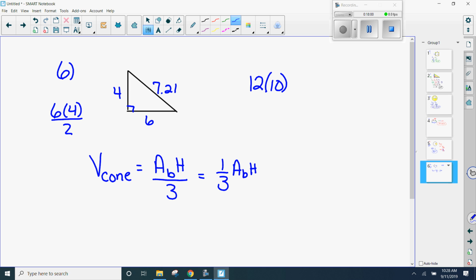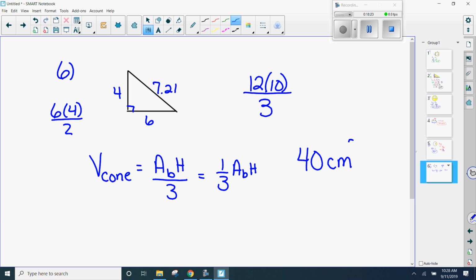You found this. But it comes to a point, which means if it comes to a point, what do you know? What do you have to do to it? Divide by 3. It's 1/3 of it. So I need to take this and divide by 3, and what should your answer be?